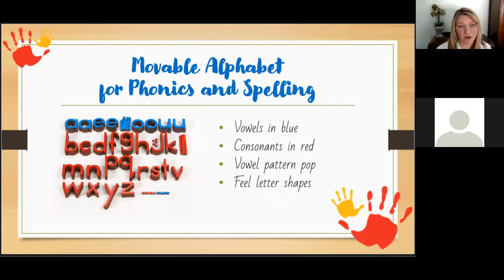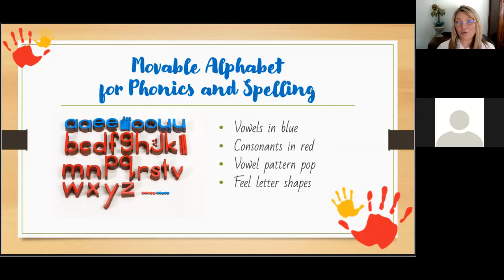shape of the letter. If you don't have movable alphabet, it is available from a variety of resources. It is included in our language arts kit A for pre-K kindergarten. If you go with the digital version of that kit, there is a printable movable alphabet in there for you. As always, if you're going to be printing a manipulative, we just recommend printing that out on cardstock.